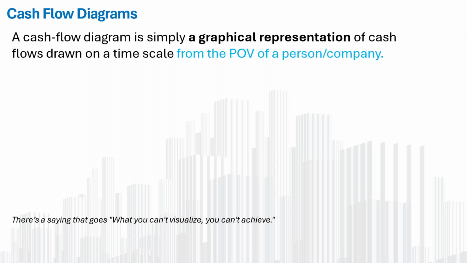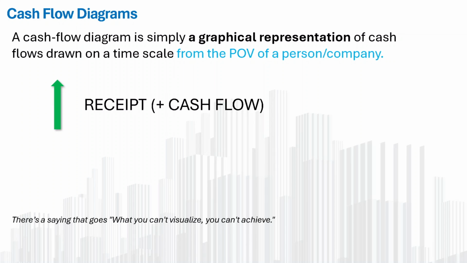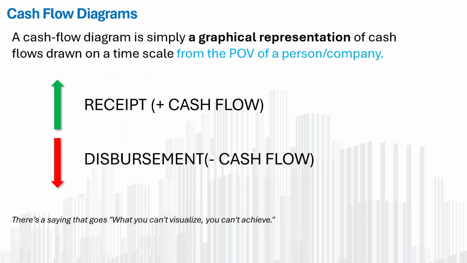So we represent it by an upward arrow, meaning positive cash flow, which is inflow, and then a downward arrow would represent disbursement, or negative cash flow, or cash outflow.